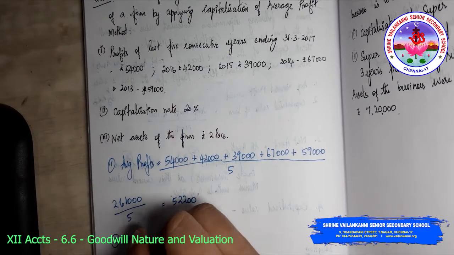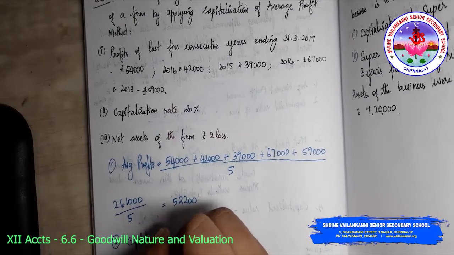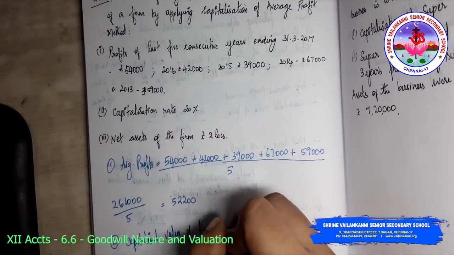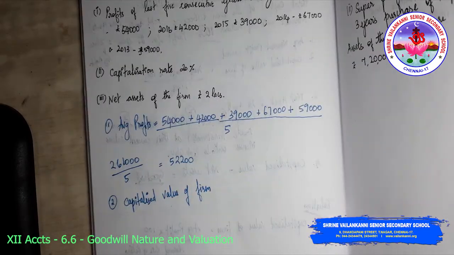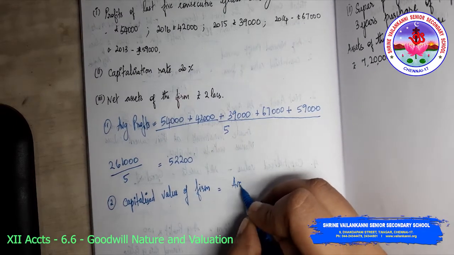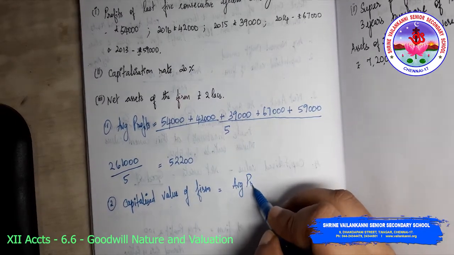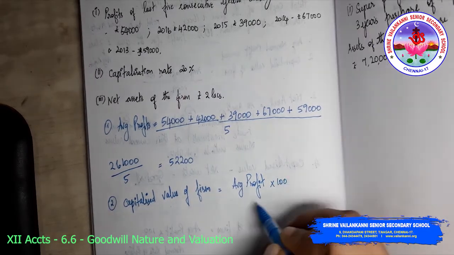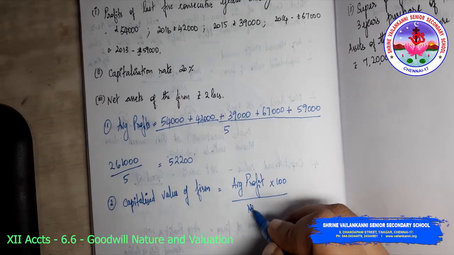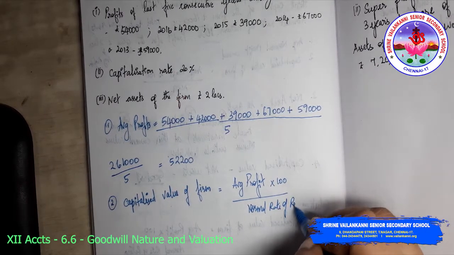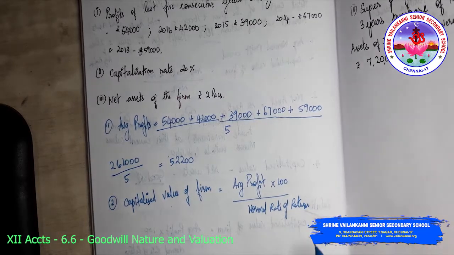The next step that we are going to find is the capitalized value of firm. Capitalized value of firm is equal to average profit into 100 divided by normal rate of return. Please write everything in full form.